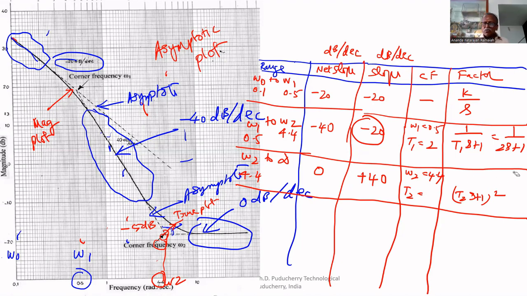T2 S plus 1 whole square. T2 equal to 1 by 4.4. T2 square equal to 1 by 4.4. Therefore, T2 equal to square root of 1 by 4.4.